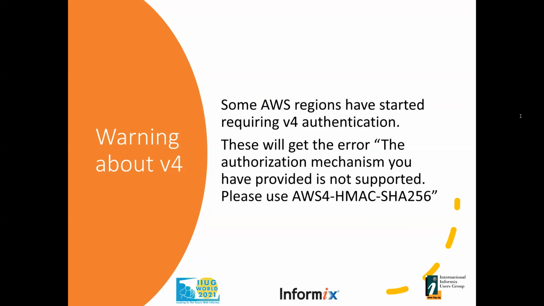We're dealing with v3 when dealing with the PSM, so it doesn't support v4, at least not yet. I was testing this on 14.1xc4. I haven't seen notes about it in the later ones. I've not tested on the latest version yet. But I'm mentioning this: if you see that error, go to a different region.